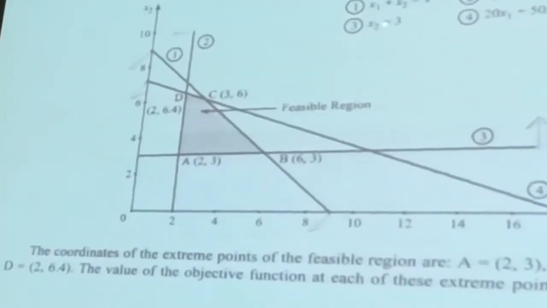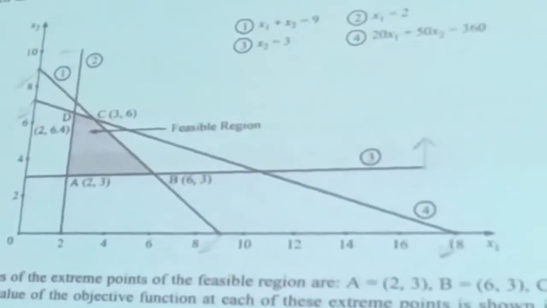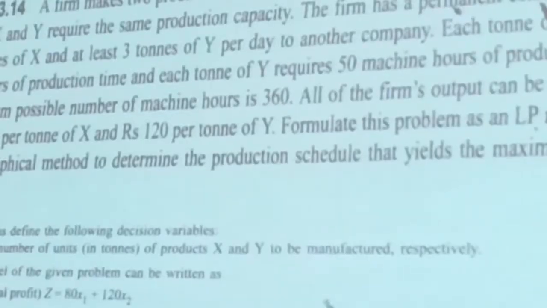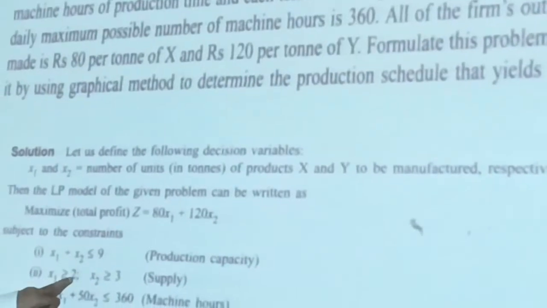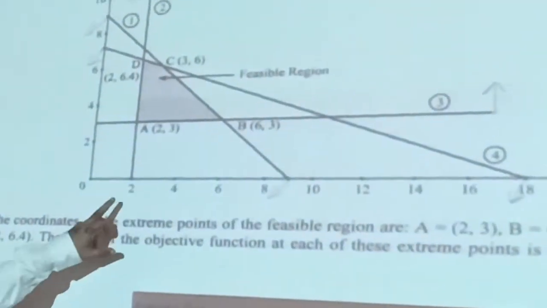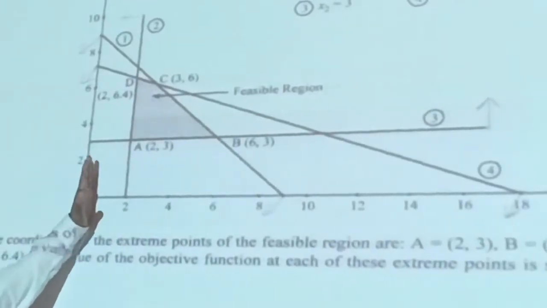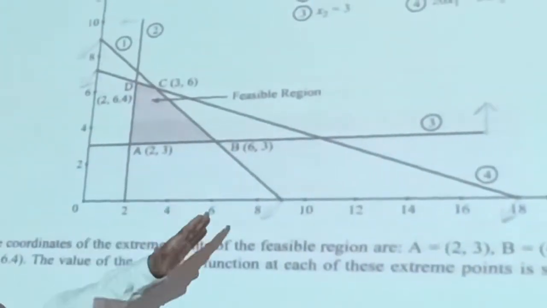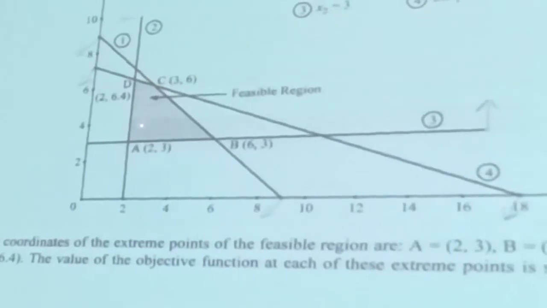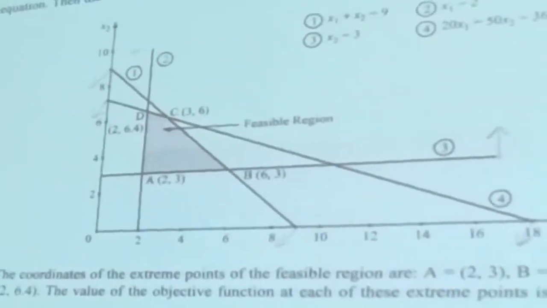Then we have got x2 is equal to 3, but what we have got? What is the constraint? x1 greater than 2, okay. x1 equal to 2 is this, x1 less than 2 is towards the origin. What we want? x1 greater than 2 to this side. So therefore the solution space is to the right of this particular constraint.